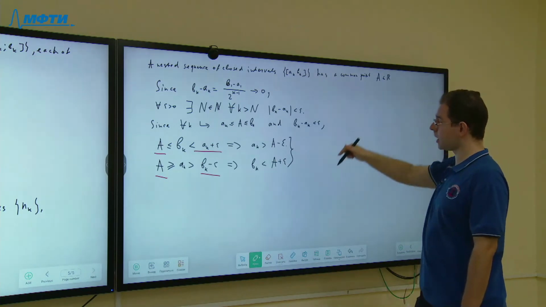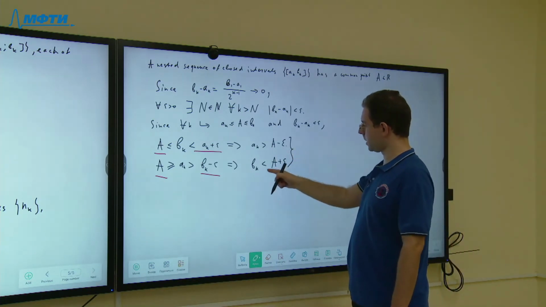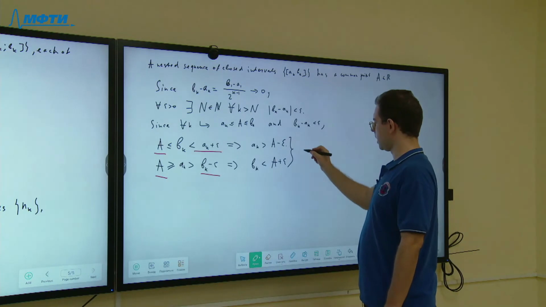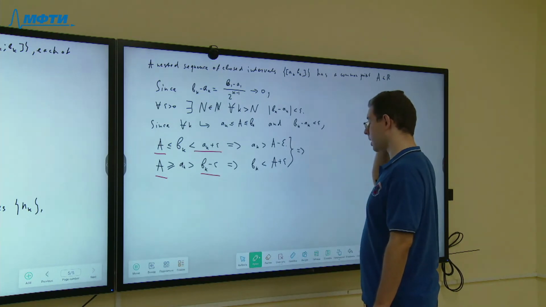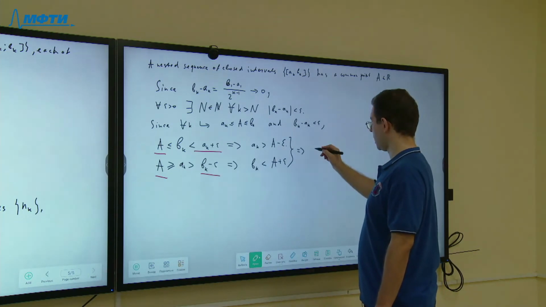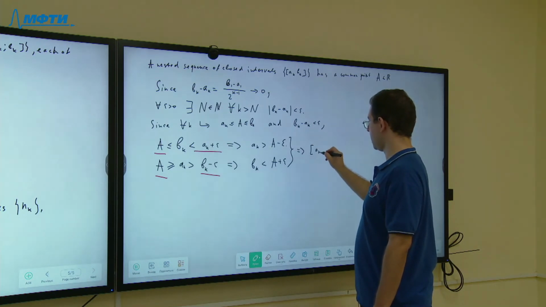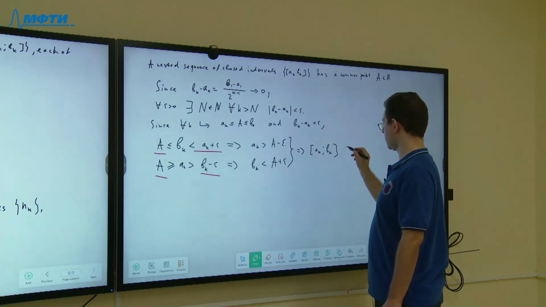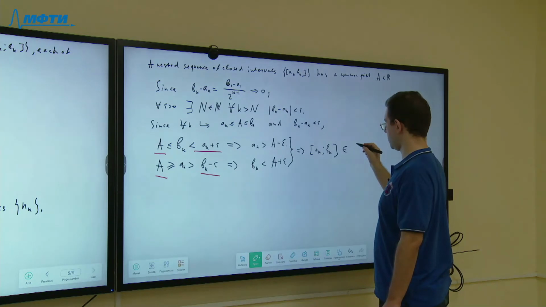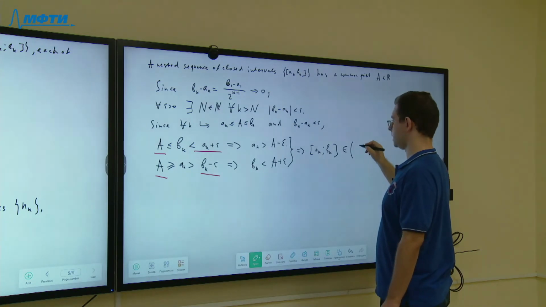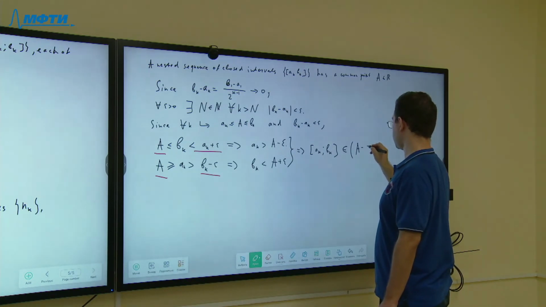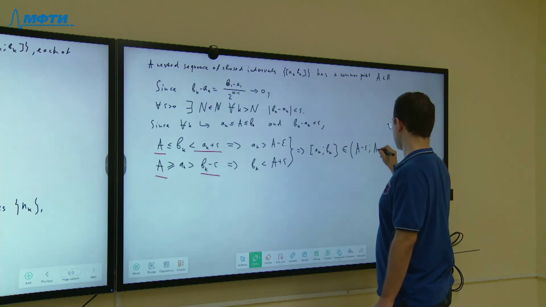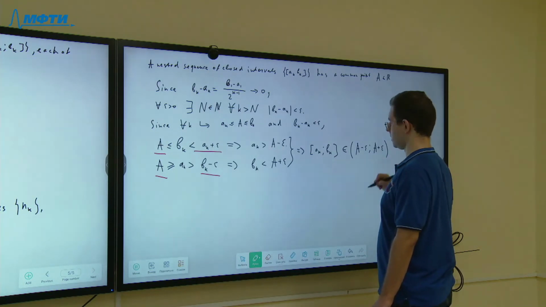Now, since a_k is greater than this number and b_k is less than this number, this means that the interval a_k, b_k lays inside the open interval a minus epsilon, a plus epsilon.